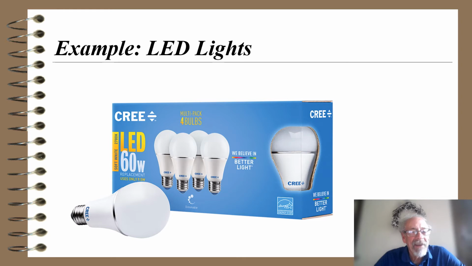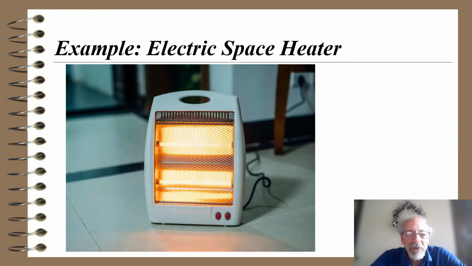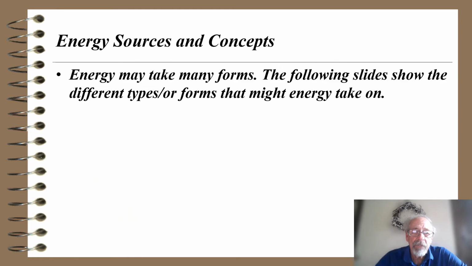So here's an electric space heater, and with winter coming on, sometimes we use these in lieu of other forms of heat energy. So in this case, we like to have the power go for heat.